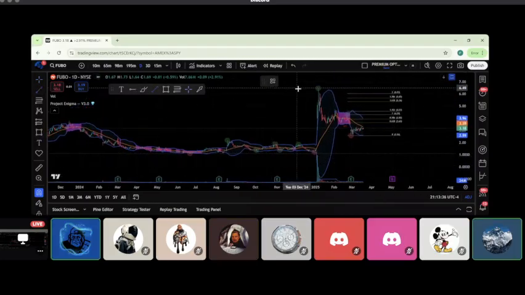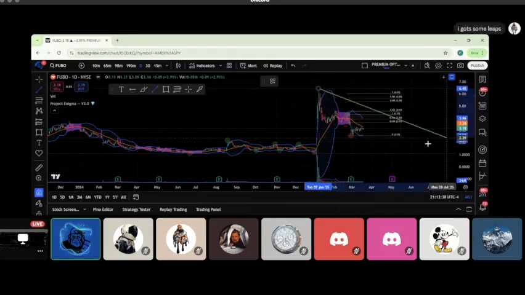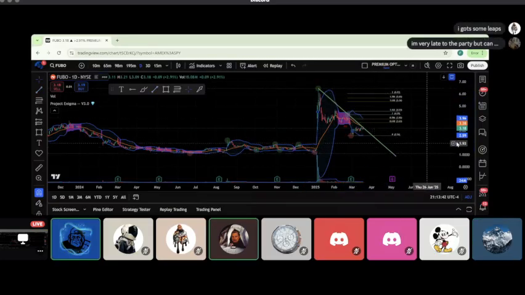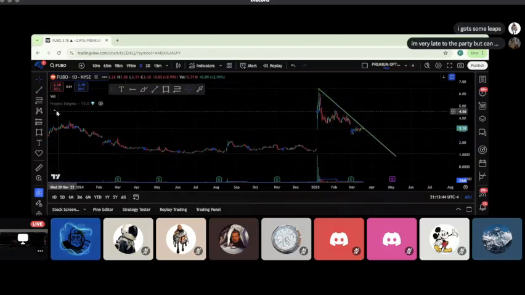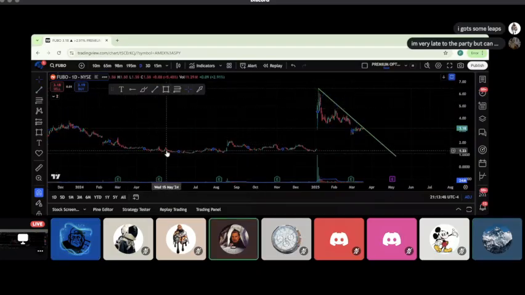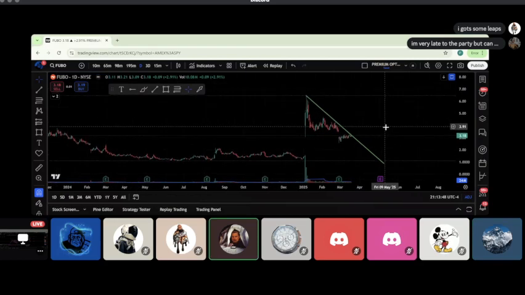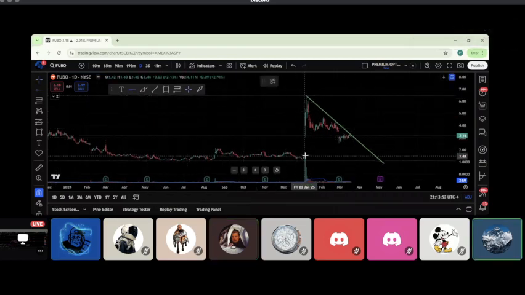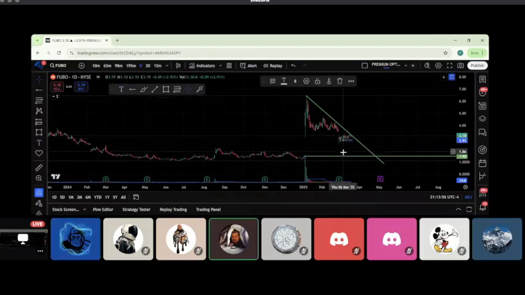If you want to pretend that gap down didn't happen, if we reject there, we're probably just going to backfill that entire gap up from the beginning of 2025. It's down here, 148, Jesus. I wonder what Roku's doing. We can come back to this in a few days and see what happens.